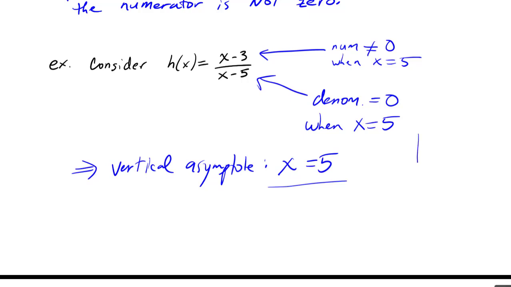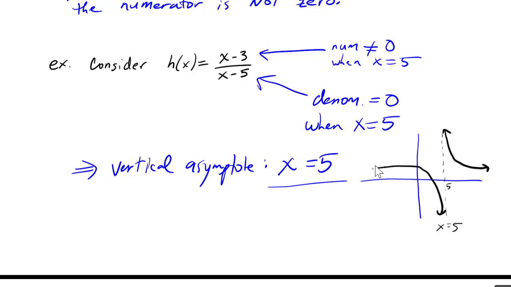To make that point clear, let me just give a quick little sketch of what the graph of this function looks like. What you'd be talking about is a vertical asymptote here at 5. So this would be x equals 5 there. And then what the function actually looks like is you would have something like this coming down here, and you would actually have this coming down like this.